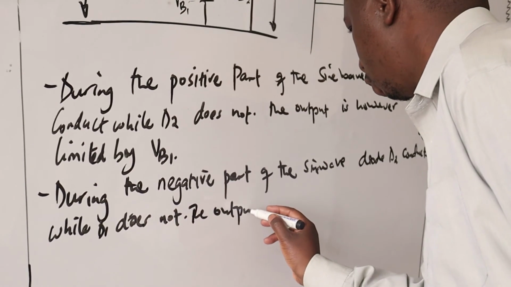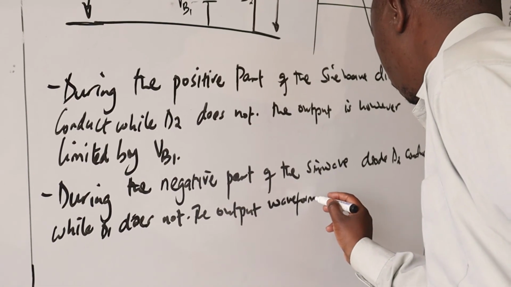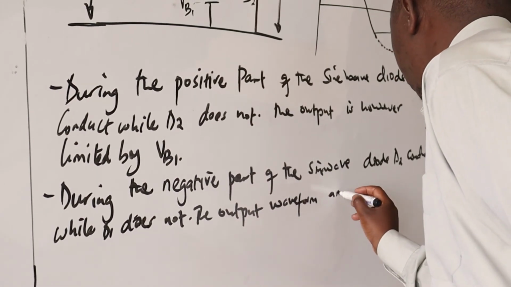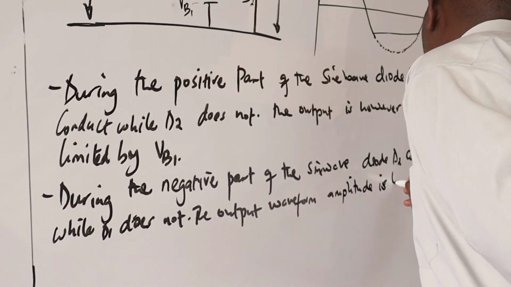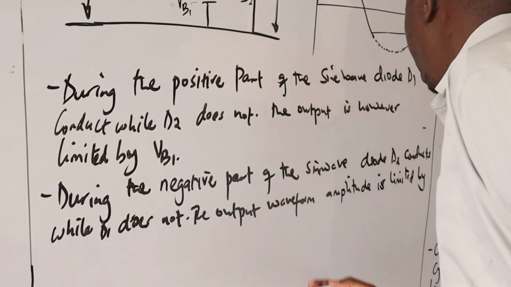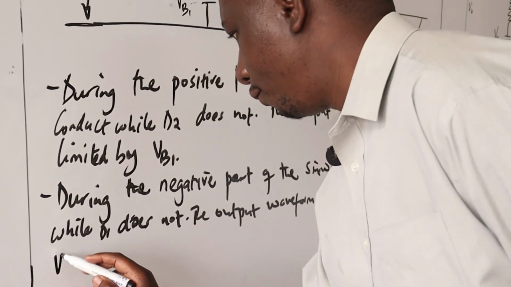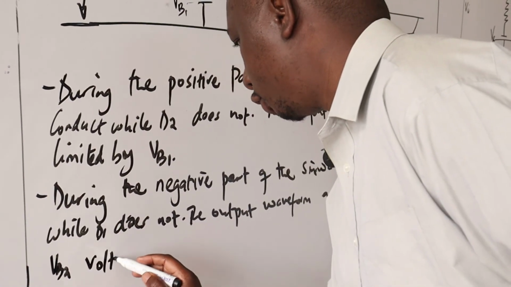The output waveform amplitude is limited by the VB2 voltage.